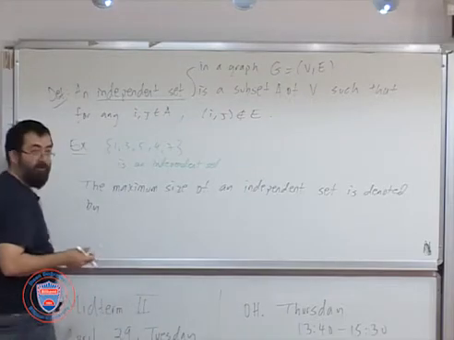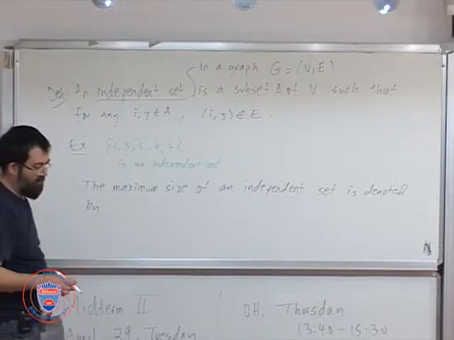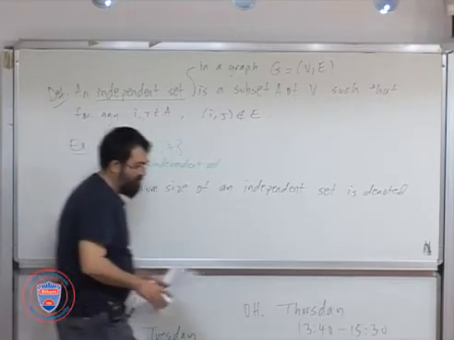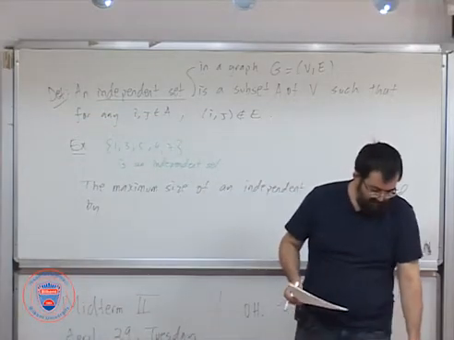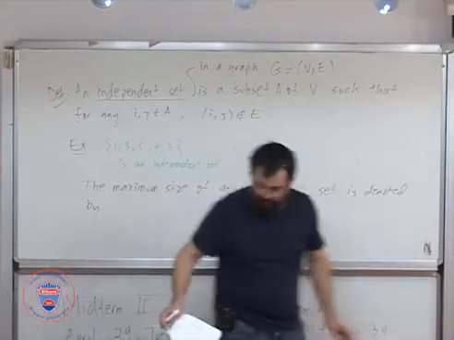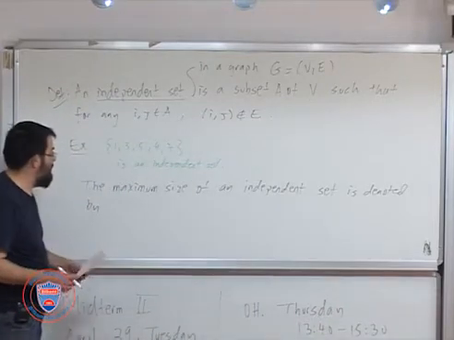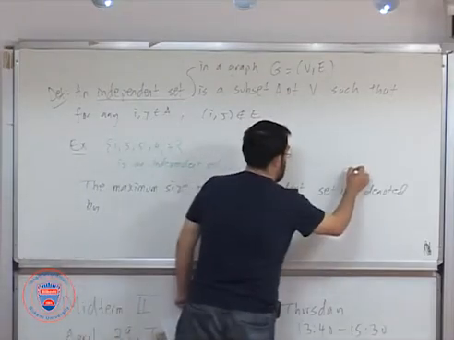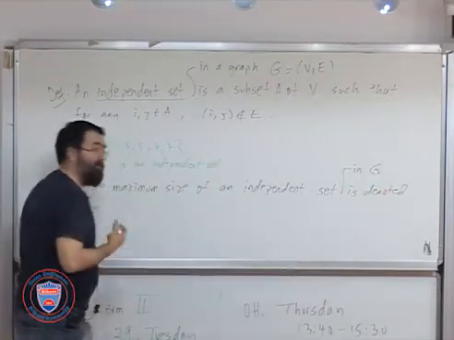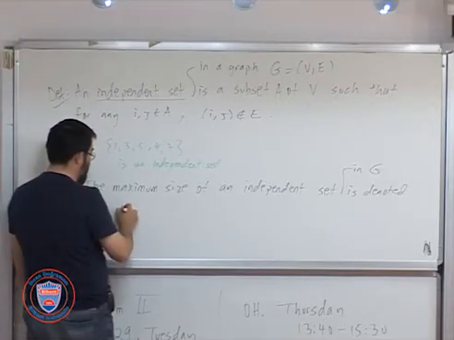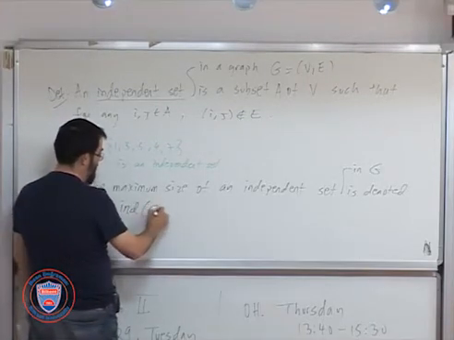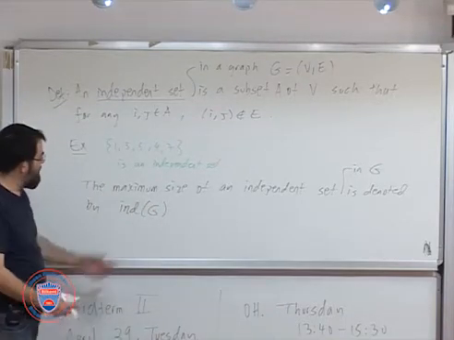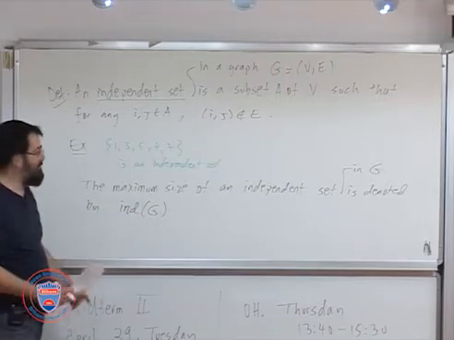Grimaldi doesn't mention this much, but the Sheldon Ross book uses alpha G, alpha of graph G. So we can use alpha G if you want. Just to remember, we can also use int of G, because it's harder to remember what alpha G means. So in the exam, if I say int G, you will probably remember it more easily.